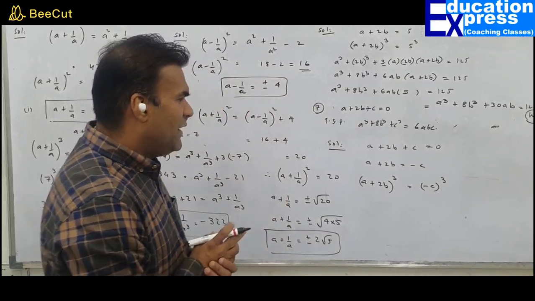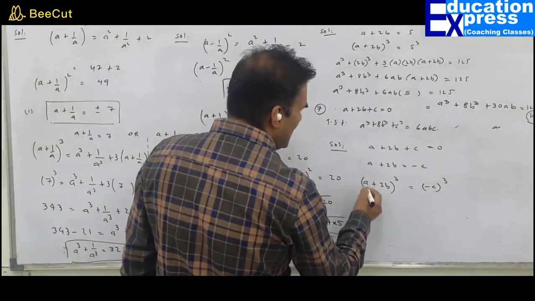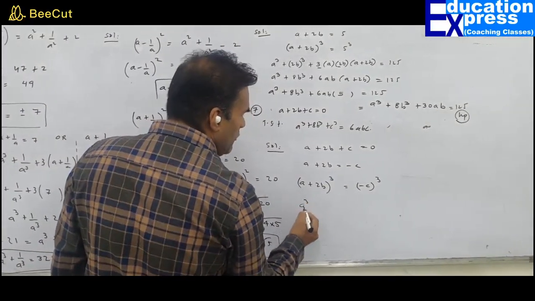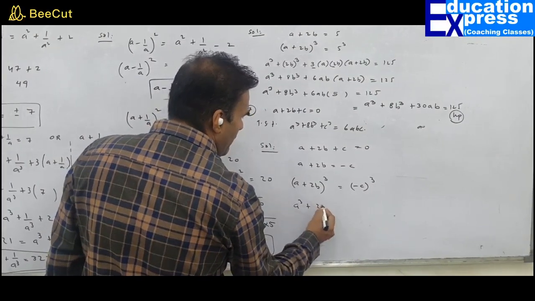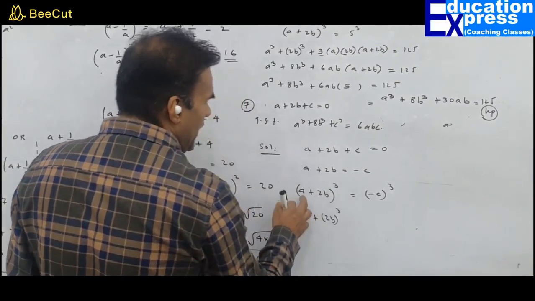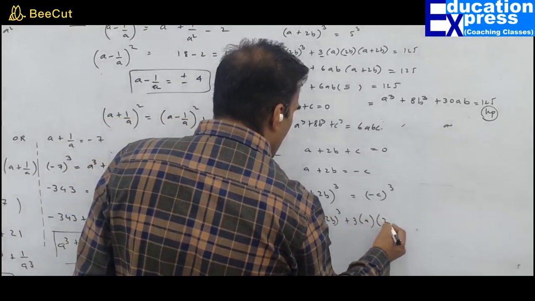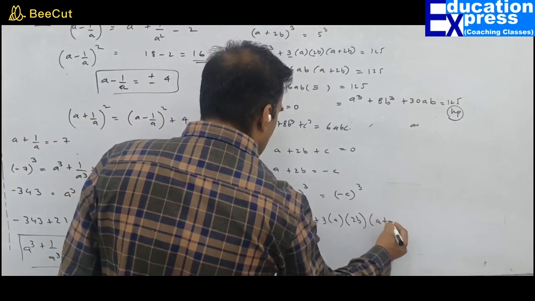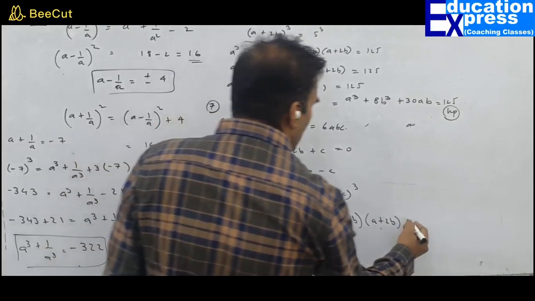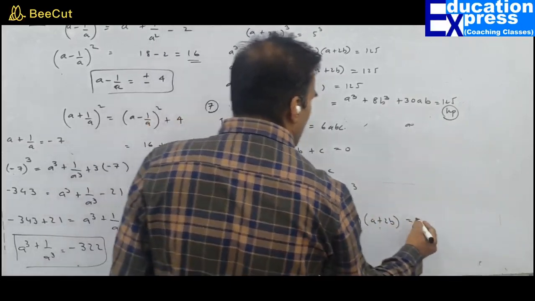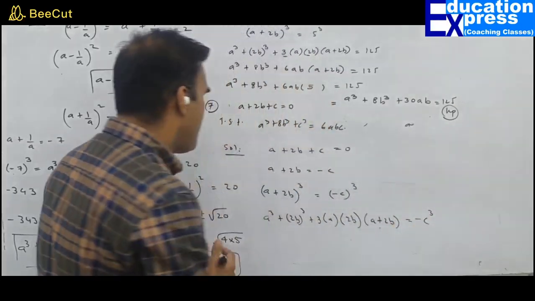Pretty safe? Can we take the cube on this side? Yes, expand it. a cube plus b cube plus 3ab(a plus b) equals minus c the whole cube.